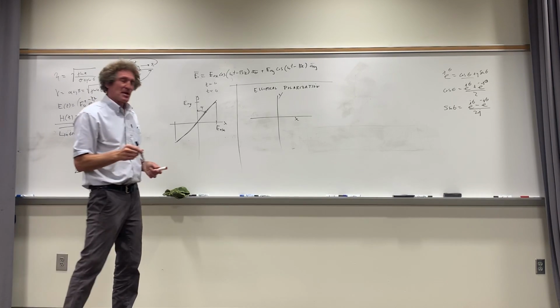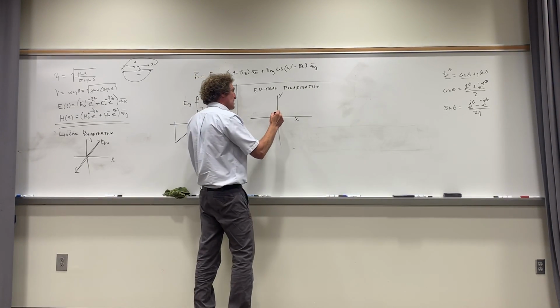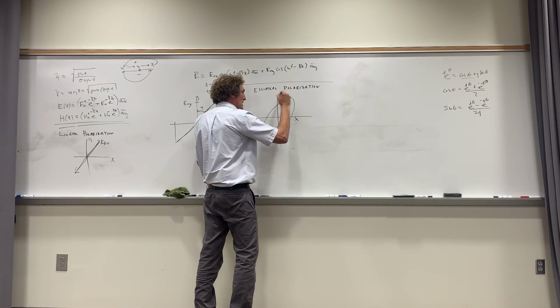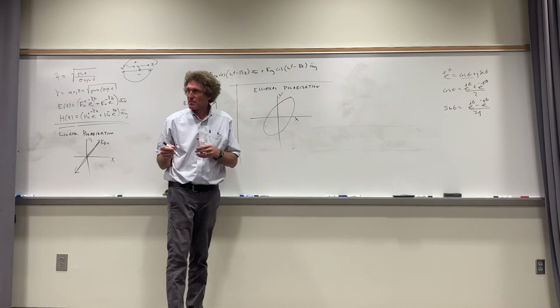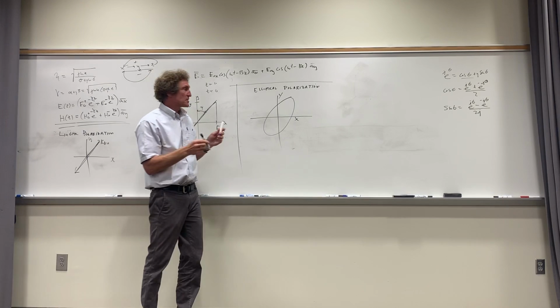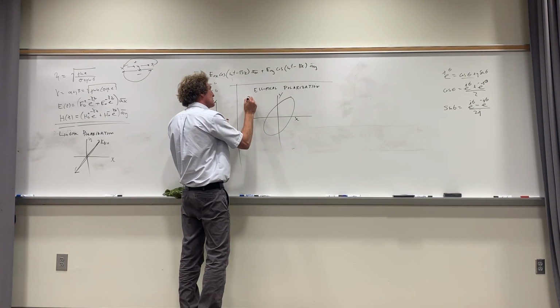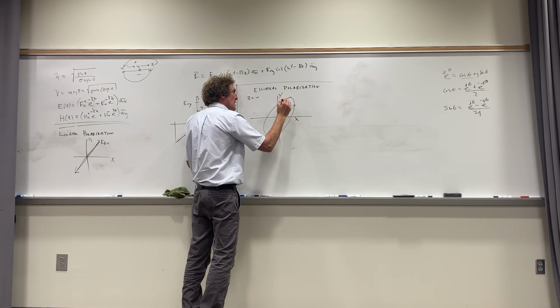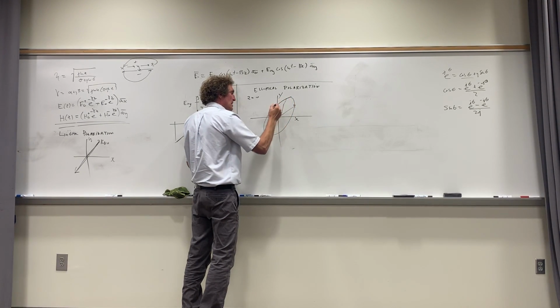You're going to have the tip of your vector trace out an ellipse. So it'll be something like this. That would be elliptical polarization. It means if we're at a given point, let it be z equals 0, and we looked at the tip of the vector, it would be tracing out this pattern.